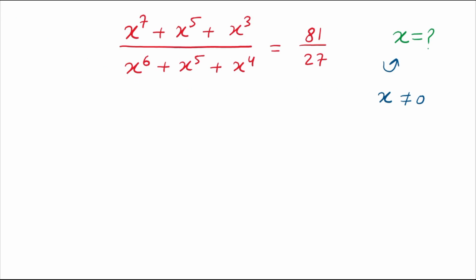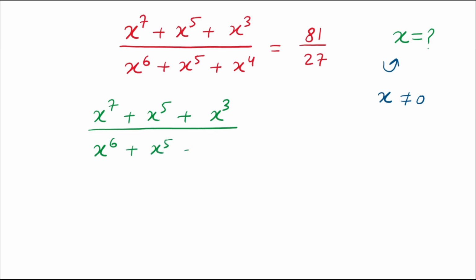Now (x^7 + x^5 + x^3) divided by (x^6 + x^5 + x^4) is equal to 81 divided by 27, which is 3.